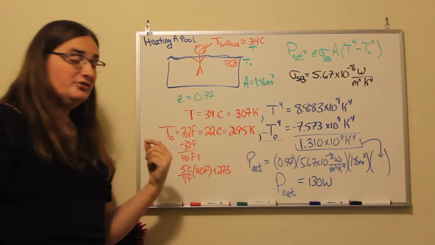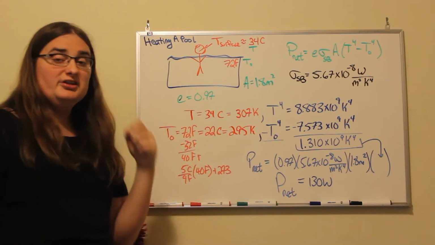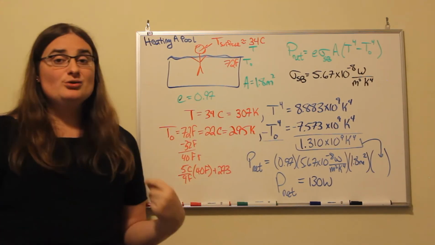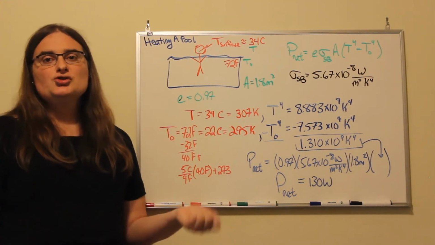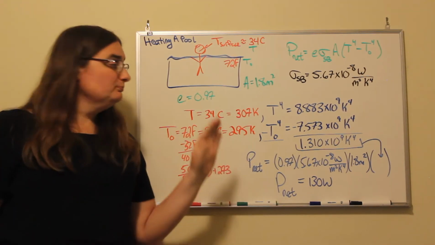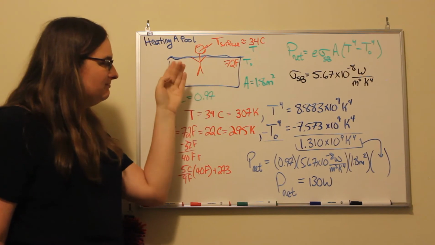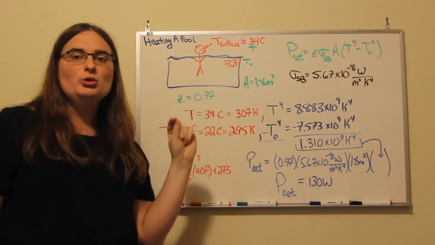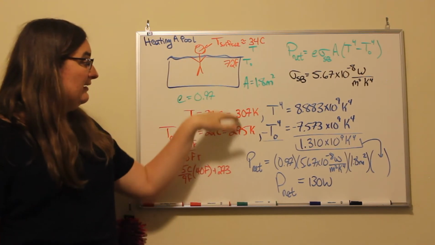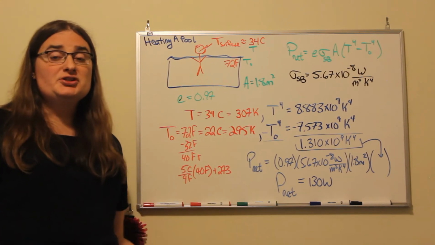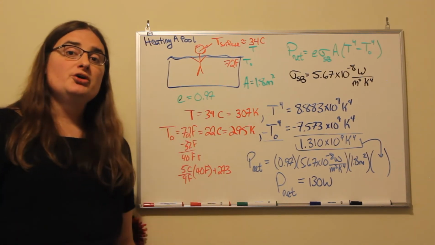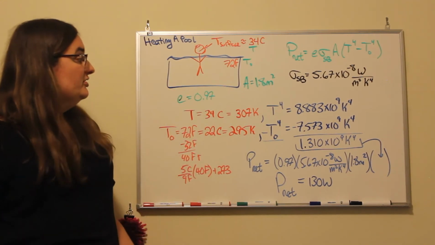So I add 273 to 22 Celsius, and I get 295 Kelvin. So what would feel like a comfortable to slightly coolish swimming pool is about 12 Kelvin in temperature difference from your skin temperature when you jump in.